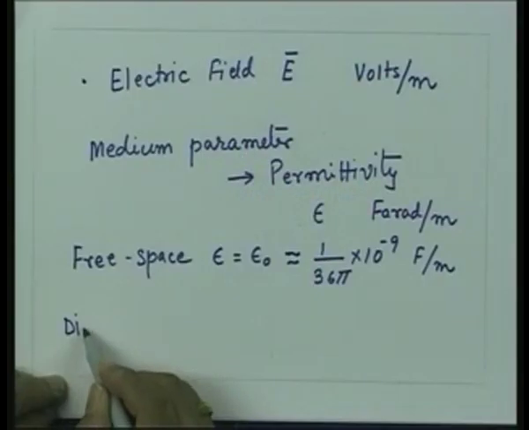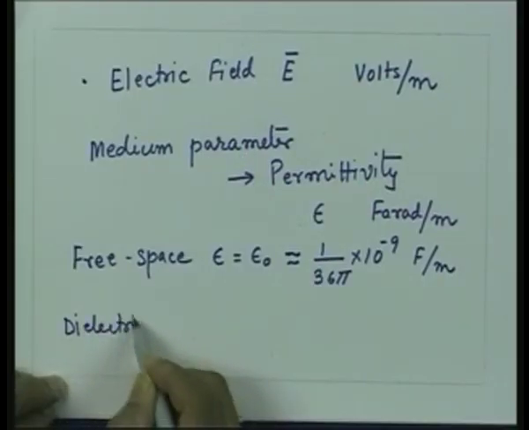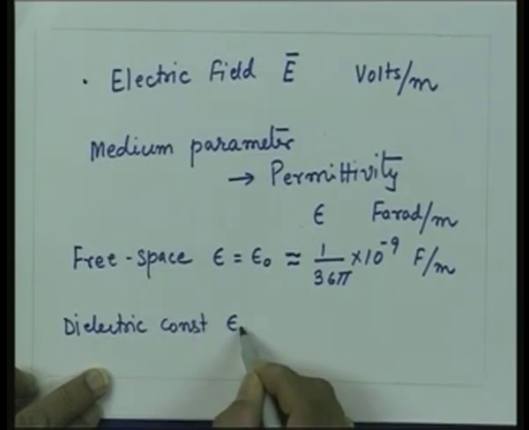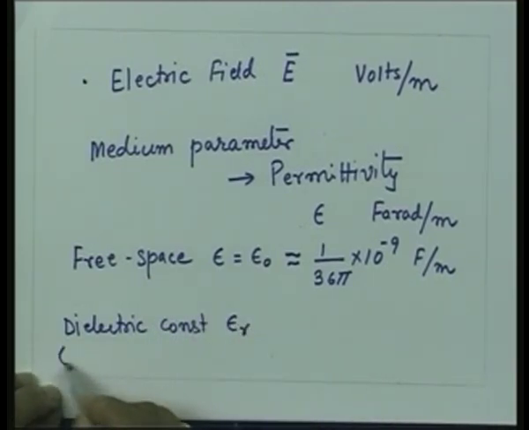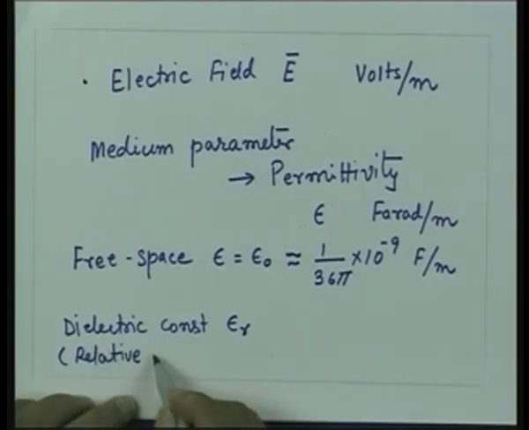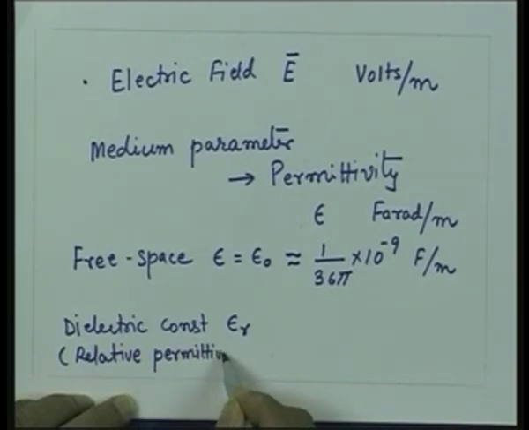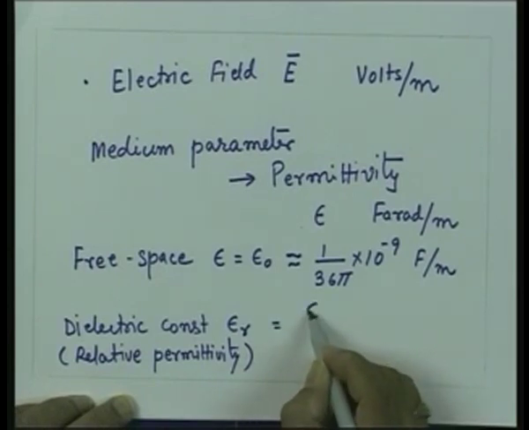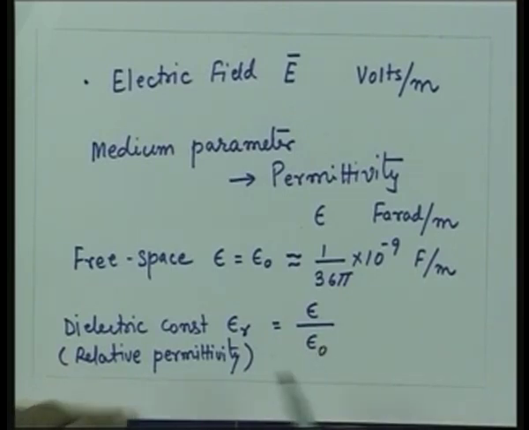So, we have the dielectric constant epsilon r, also called as relative permittivity, that is equal to the permittivity of the medium divided by the permittivity of the free space, that is epsilon 0.